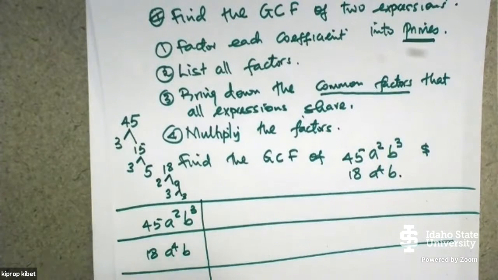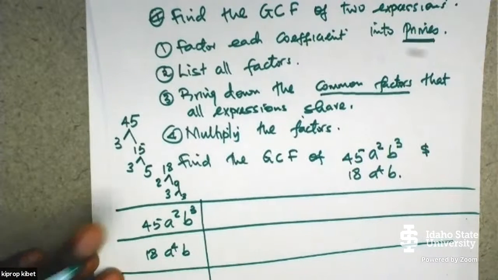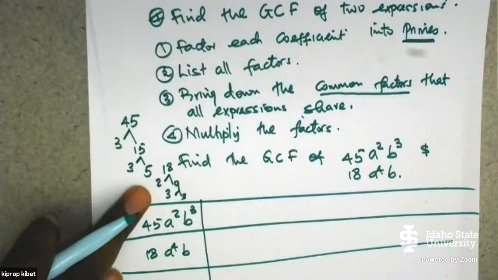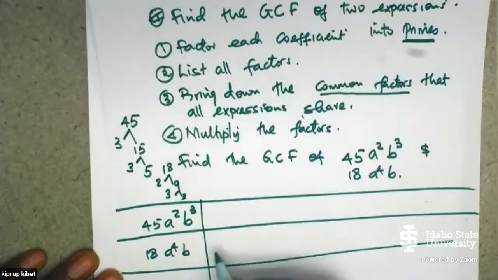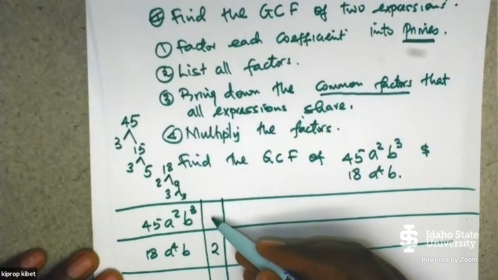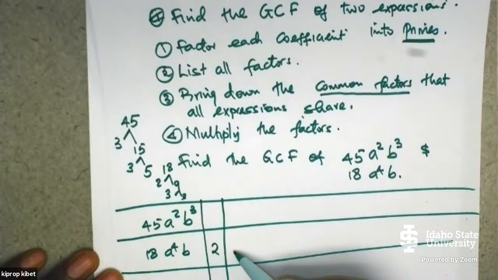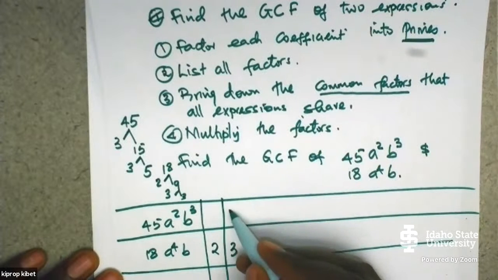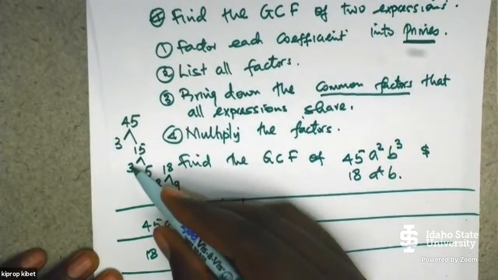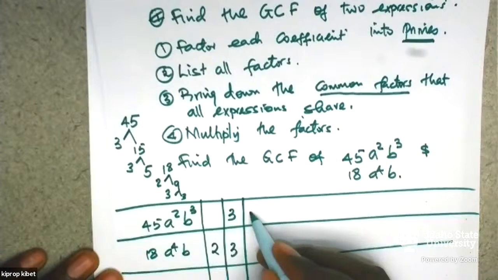Now we start from the smallest. Looking at 18 and 45, the smallest is 2. Do we have 2 in 45? No, so we leave it blank. The next one is 3. Do we have 3 in both? Yes, and 3 again in each one of them.